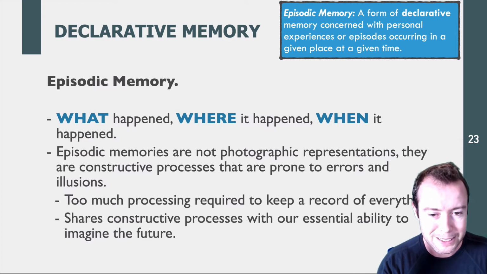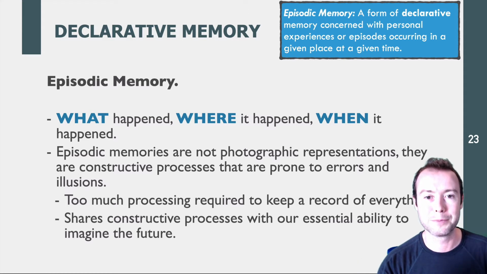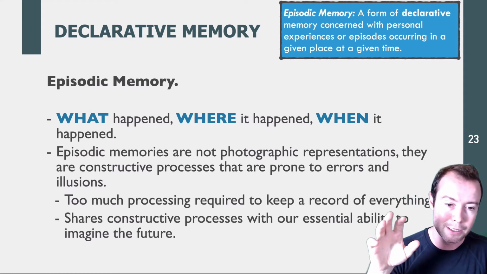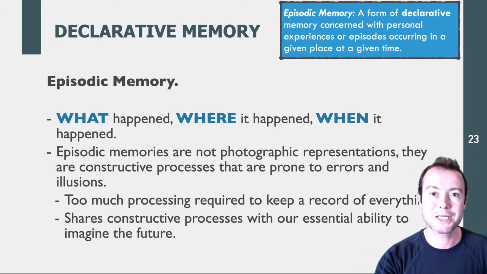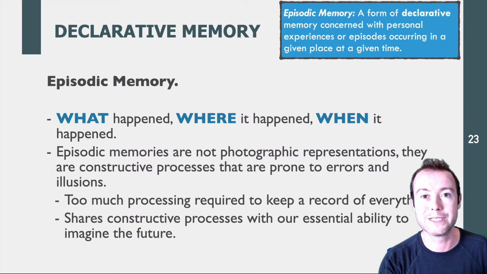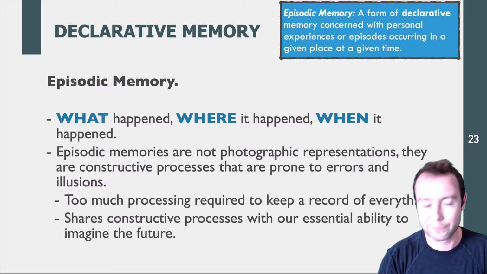So instead, what is probably more likely to represent our storage of episodic memories is like taking a series of kind of detailed snapshots at key moments, and we use the same processes that are involved in imagery to reconstruct these episodic memories that we have.